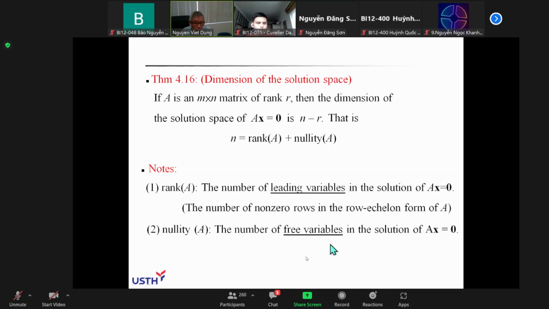It means the nullity of A is exactly the number of columns which do not contain a leading one. That is what I would like to tell you.